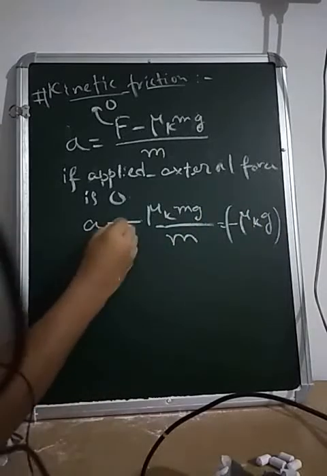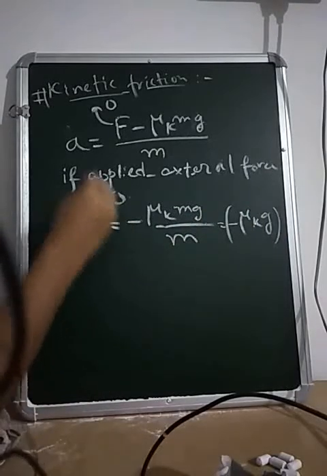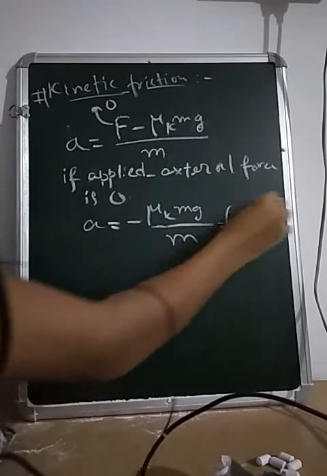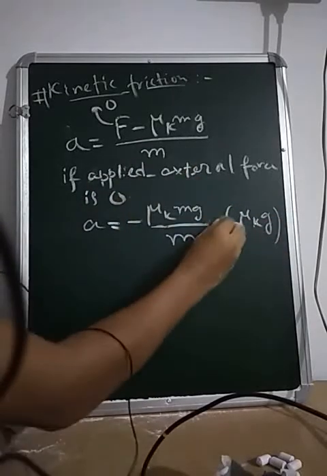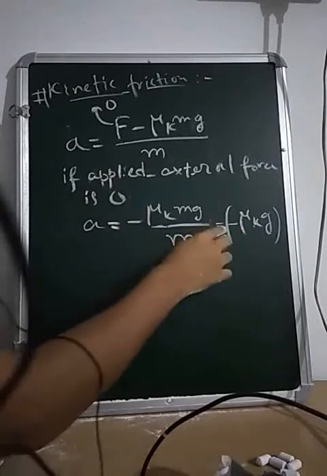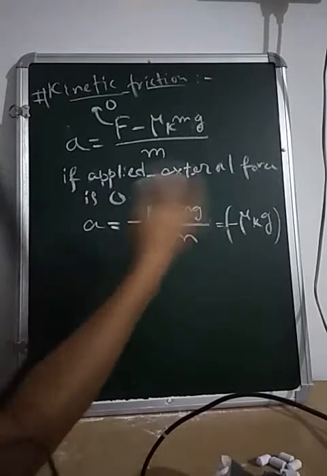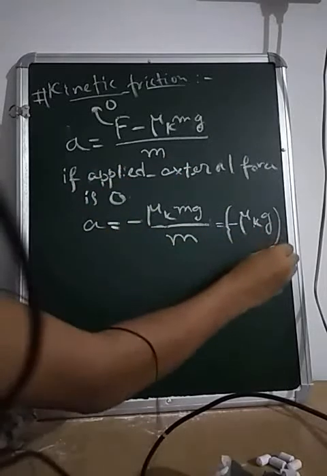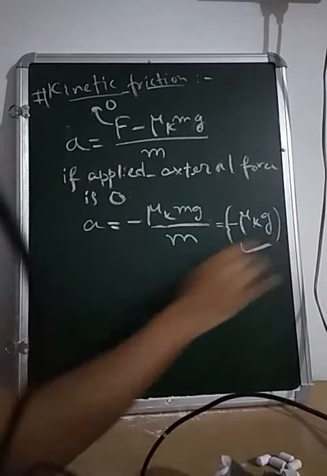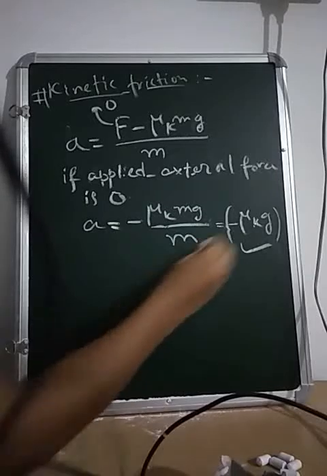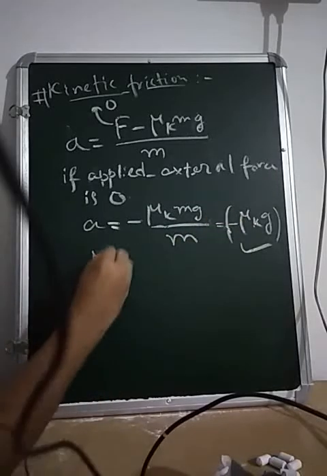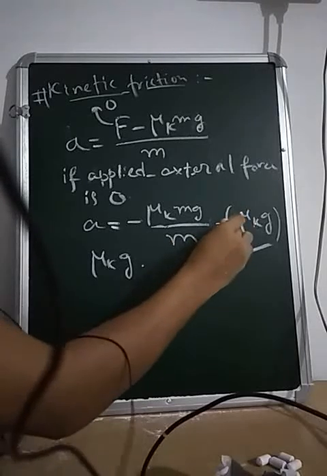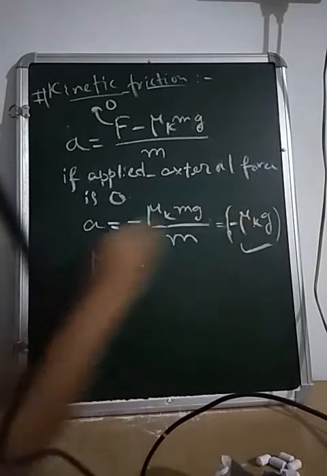So if the applied external force is 0, then due to friction the body starts retardation. The body starts decelerating. And the value of deceleration is mu k into g; because of this retardation, the negative sign arises.